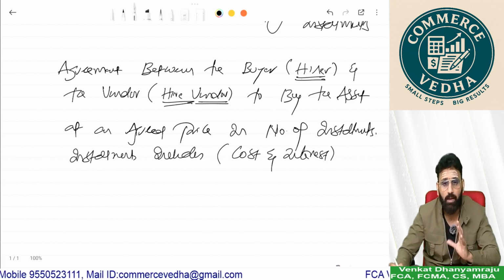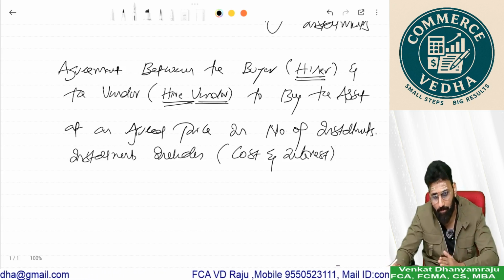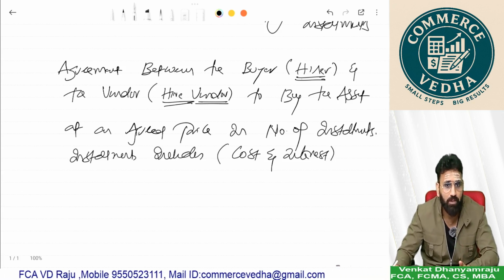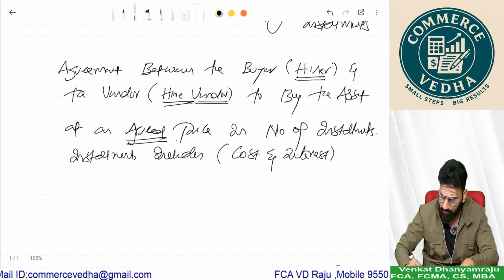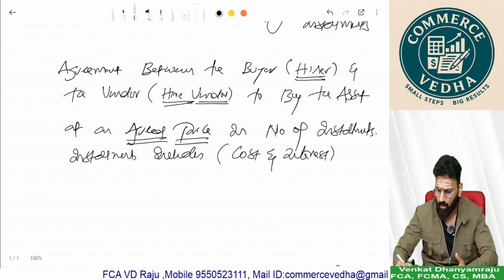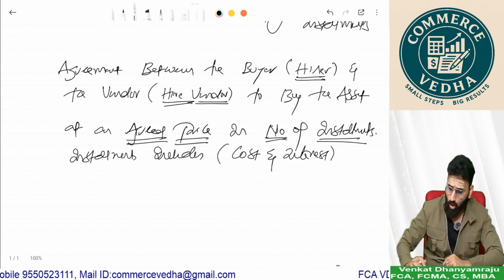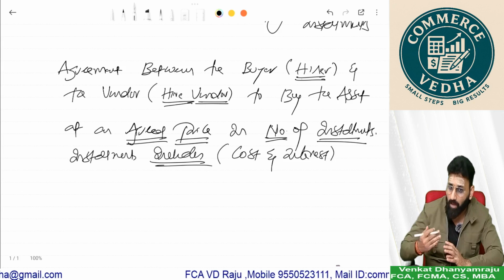So, it is an agreement between two parties, and one party agrees to buy the asset from the other party. The first party is called hirer, who is buying, and the other party is called hire vendor, who is selling, to buy the asset at an agreed price in number of installments. Like, you don't pay immediately, you will pay in installments during a particular period. Now, the installment includes what? Cost and interest. Why interest?